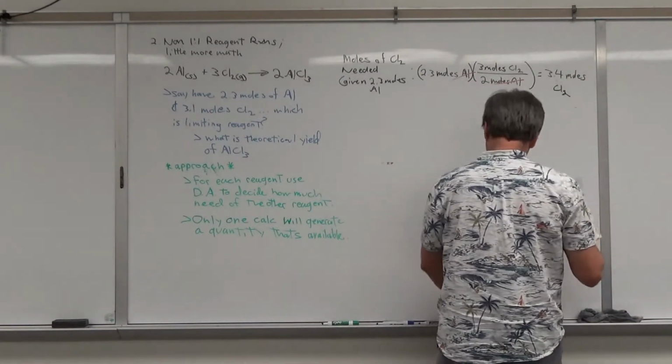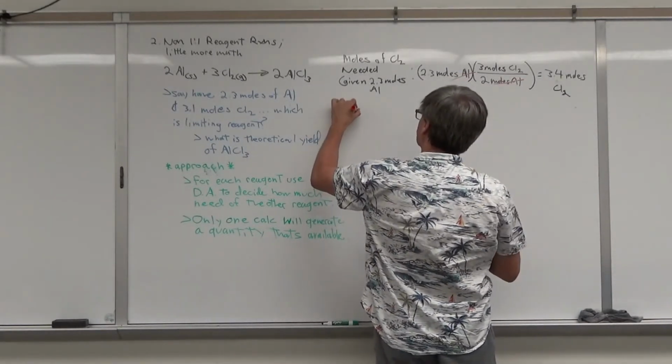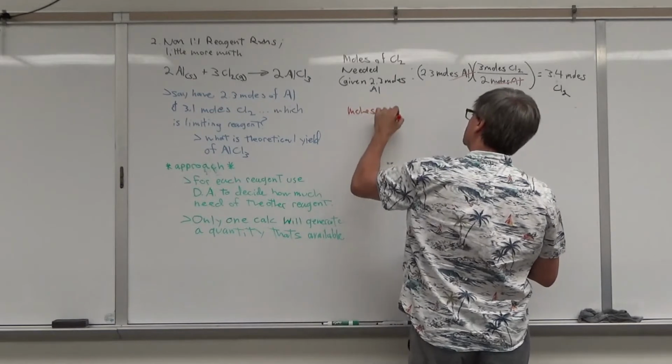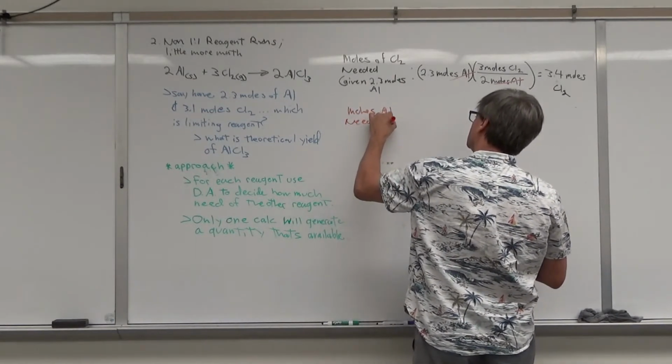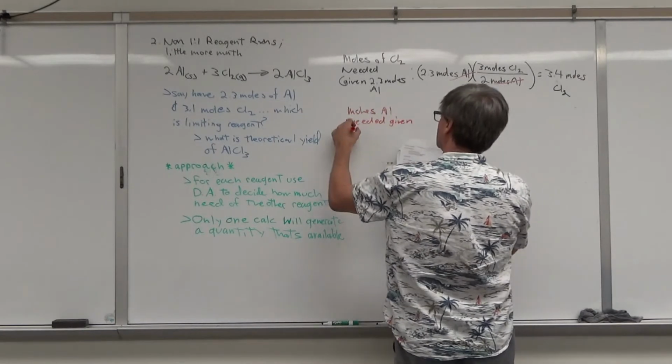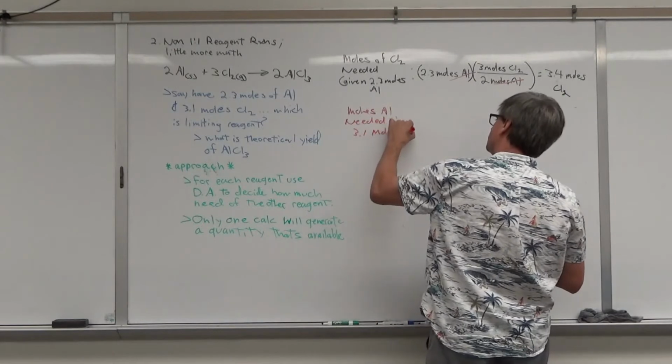All right, so aluminum needed given 3.1 moles chlorine.